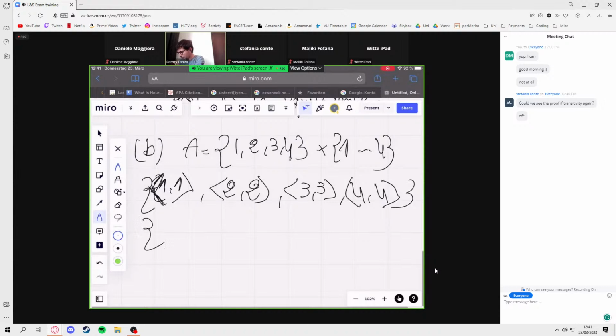The other set would be other combinations. So for example, a combination of 1, 2, a combination of 2, 1, and 3, 2.